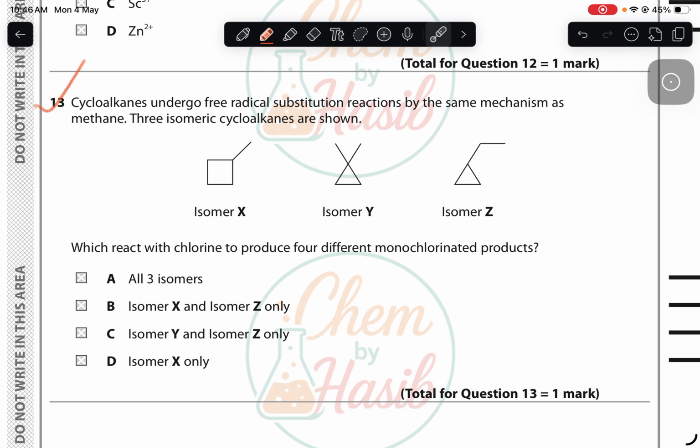Now, if you look here, when we compare isomer X and react it with chlorine, one chlorine can be substituted here, another chlorine here, another here, and another here as well. So isomer X can form four different monochlorinated products.